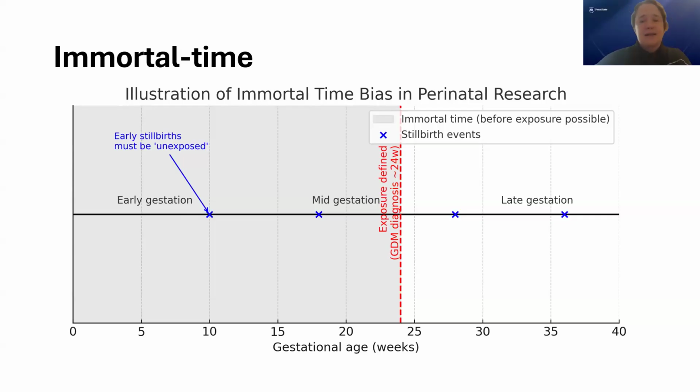So that's that kind of bias where we really just don't know. We don't have information on exposure, but we have information on outcomes before we have information on exposure. And so that's known as immortal time bias. And again, just another important bias when we're thinking of pregnancy research.